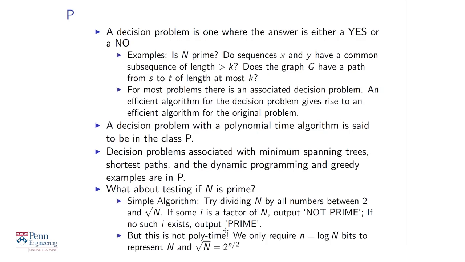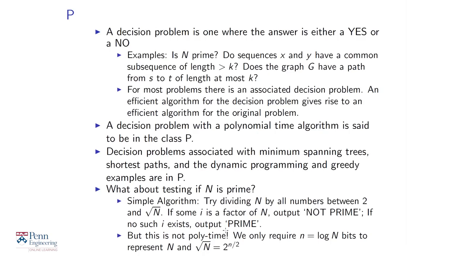But this is not polynomial time, because the input length for representing the number n is only log n bits. The input is usually a binary encoding of the number. So if n is, let's say, about a million, how many binary bits does it take to write down n?